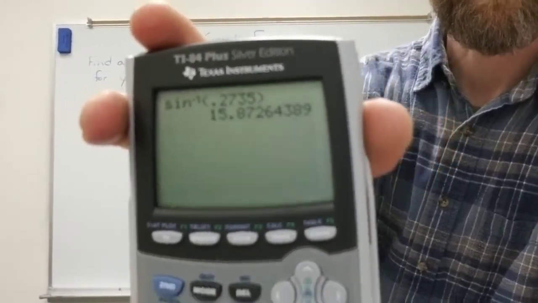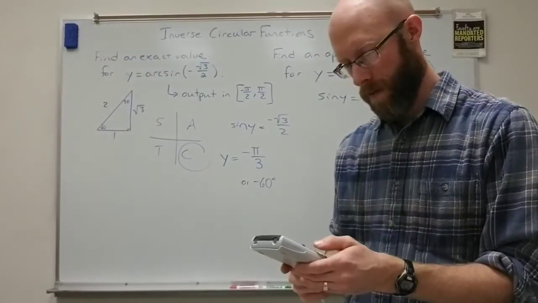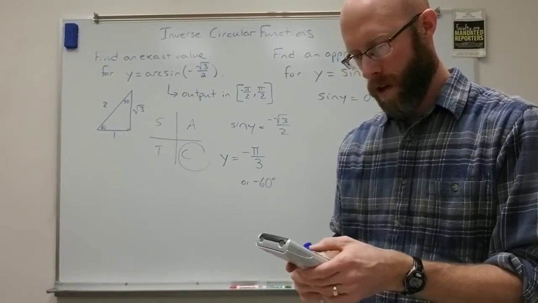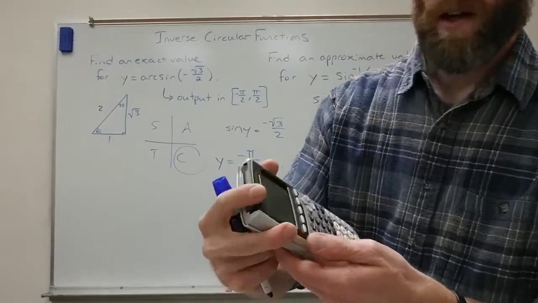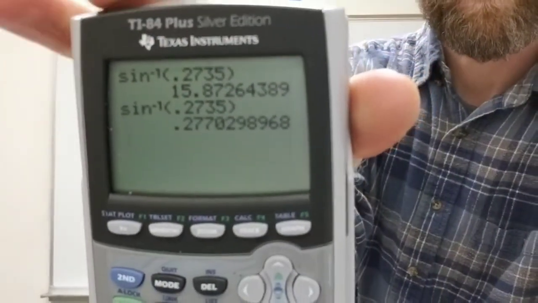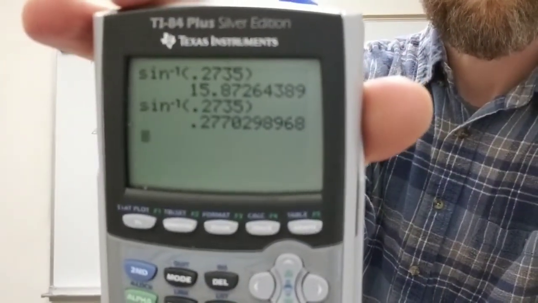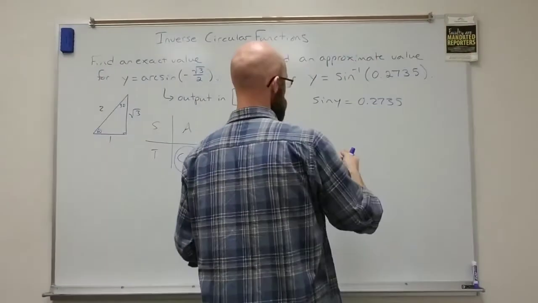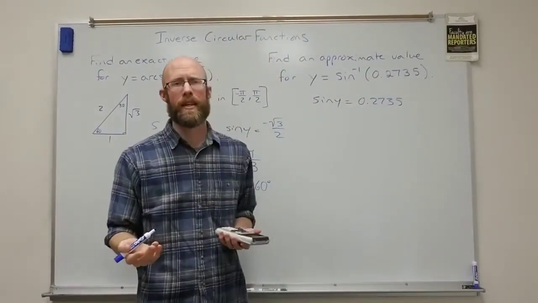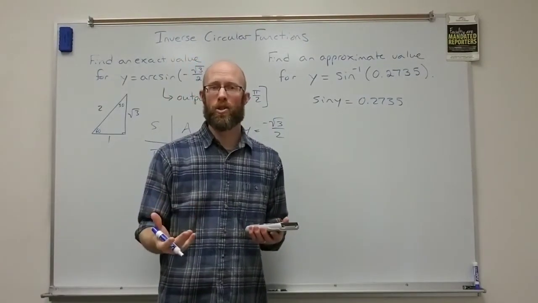Or I could change my mode to radians, and I get the radian value. So you get the degree on top, the radian on the bottom. It's the same input.